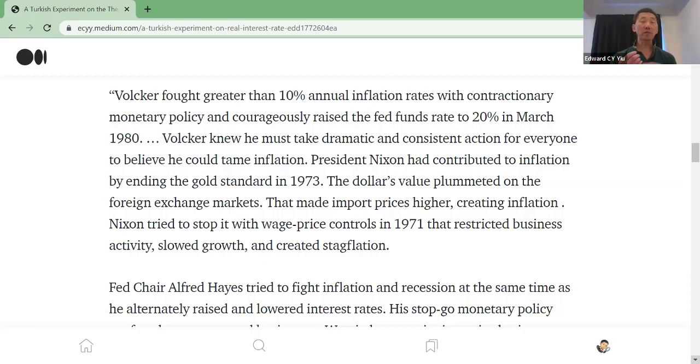Because of that, people lost confidence in the dollar and the dollar's value plummeted on the foreign exchange market, which made import prices higher and created inflation. Sarcastically, at that time President Nixon tried to stop inflation with wage control and price control, and it resulted in stagflation.